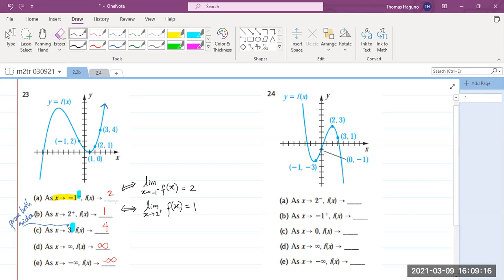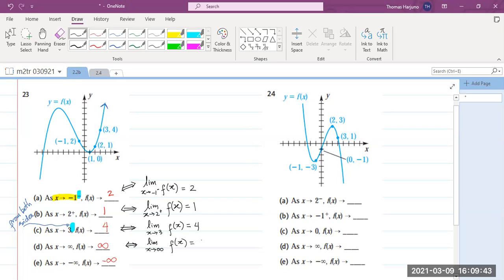Okay. Now in calculus later on, the notation for this will be limit x approaching 3 for the function f(x) will be 1. Okay. In part D, from the graph, limit as x approaching positive infinity of the function will be what?